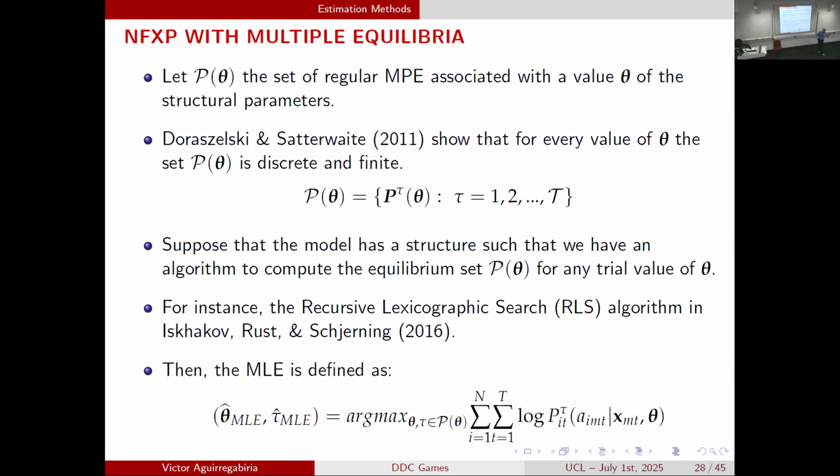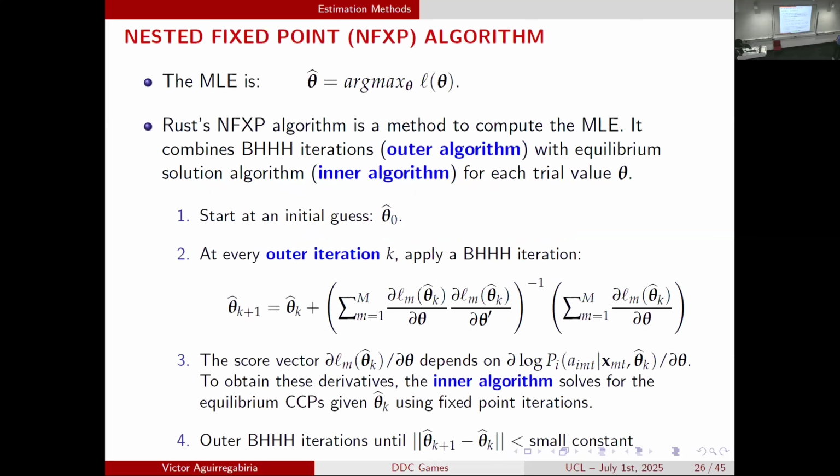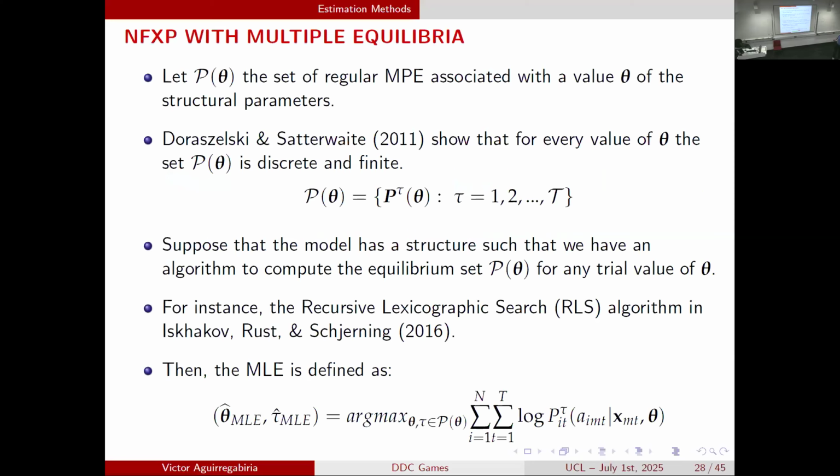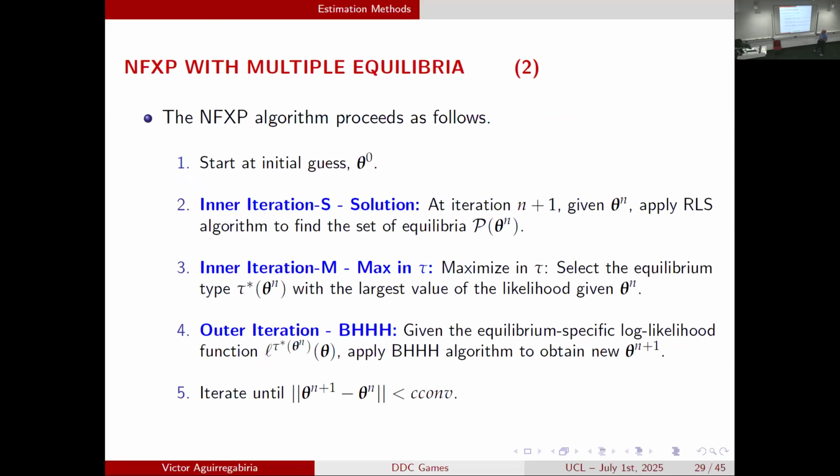Now we make a BHH iteration with respect to this theta star. That is the one that we have selected.